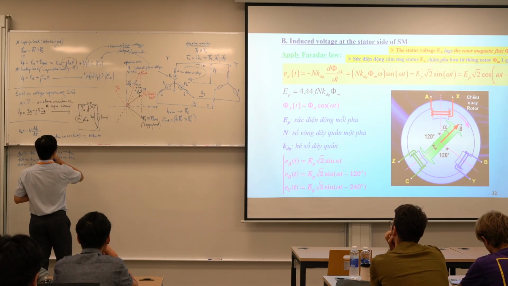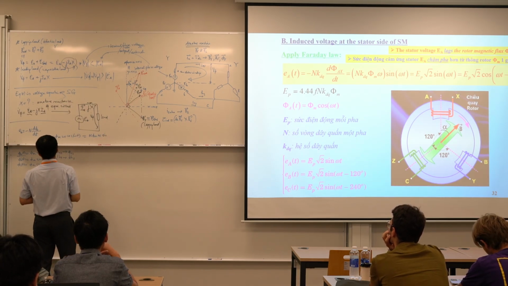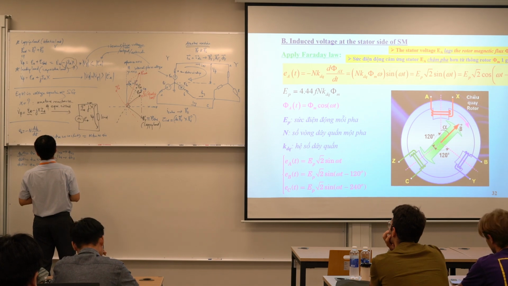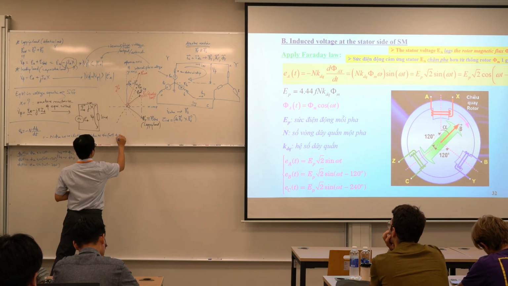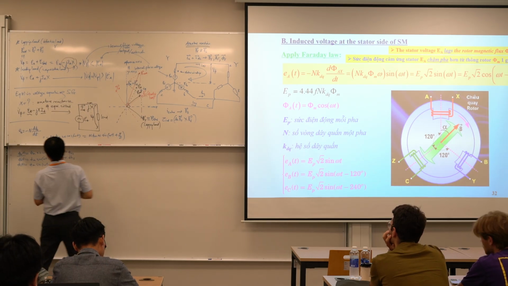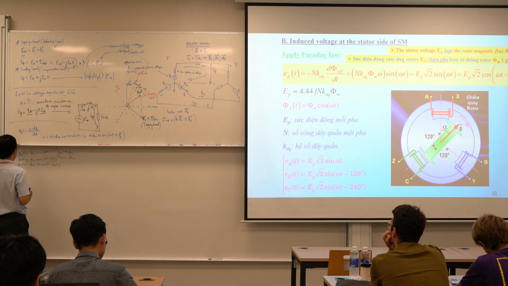So minus cosine omega t, that means we can get sine omega t plus 90 degrees, plus pi over 2. Let me check.